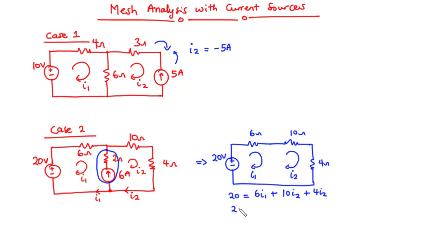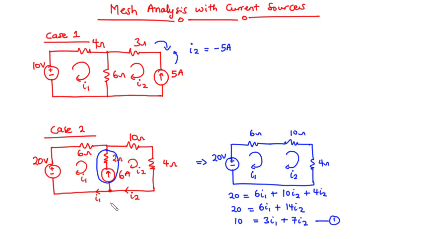Now let's try to simplify this. So we are going to have 20 equals 6 I1 plus, we have 10 plus 4, which is 14, so 14 I2. We can divide through by 2 so that we have 10 equals 3 I1 plus 7 I2. Let's call this equation 1. Now again, we are going to apply KCL at this node, especially at a node where we have the branch which intersects the two meshes.